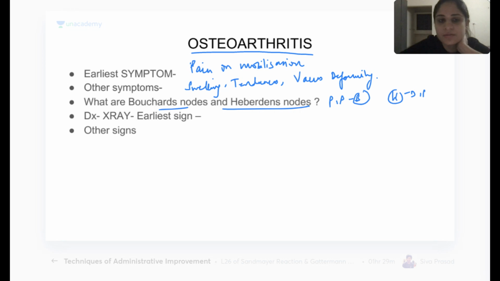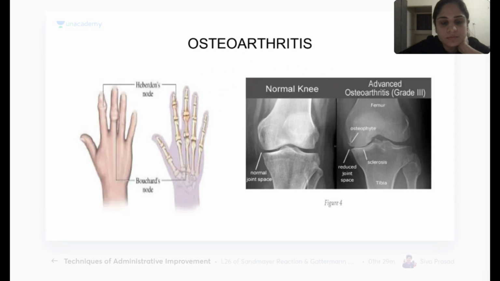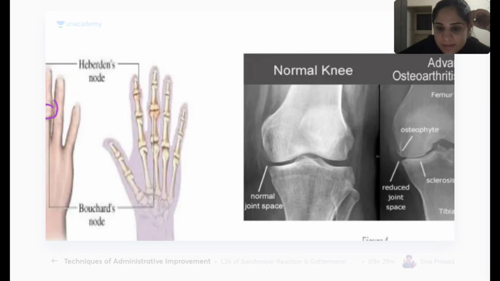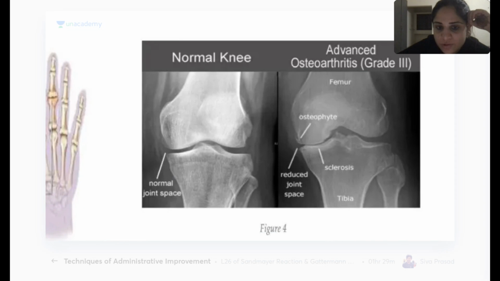On X-ray, what is the first or the earliest sign that you see? This is your Bouchard's and Heberden's nodes. Bouchard's nodes in proximal interphalangeal and Heberden's nodes in distal interphalangeal. Okay, these are all the radiological signs that you will see. You will see the presence of osteophytes. Okay, what are osteophytes?